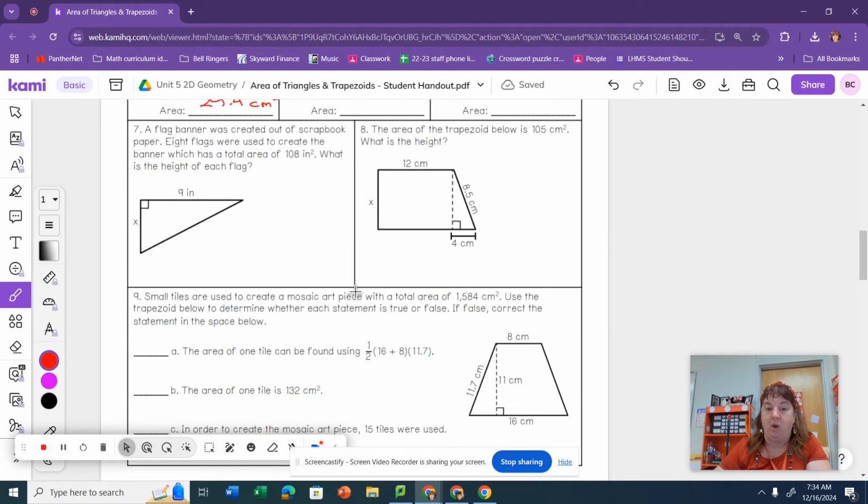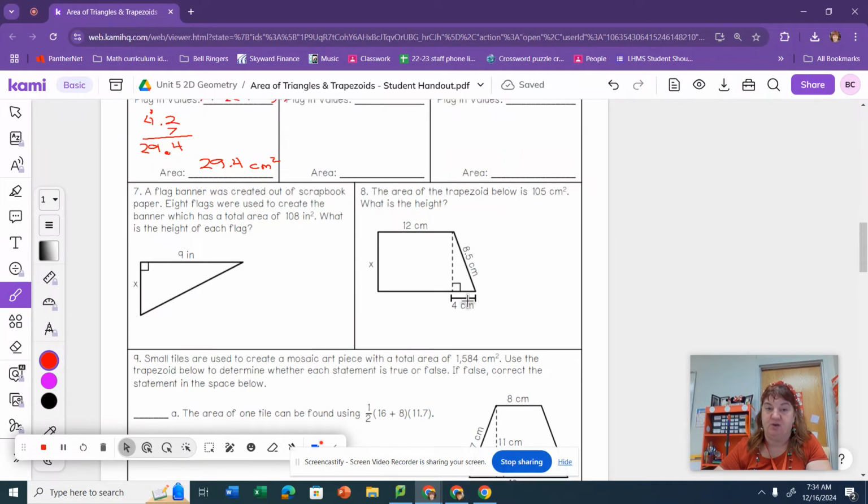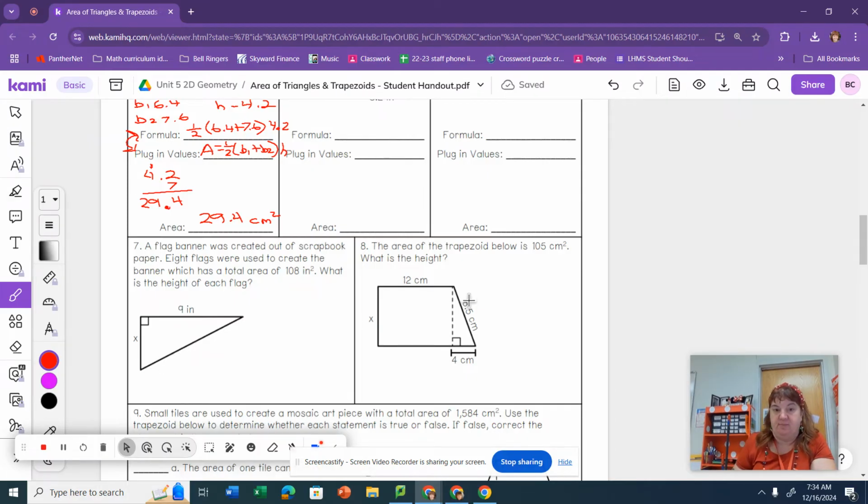There's two that you guys get to do on your own. So I want you to do number 8. You try number 8 on your own. Oh, and this one's a little bit tricky. Write that formula first. I'm going to start you with it. It tells you the area already.